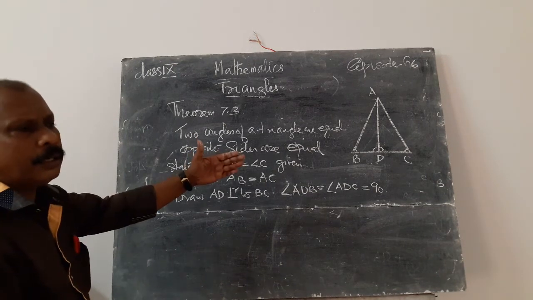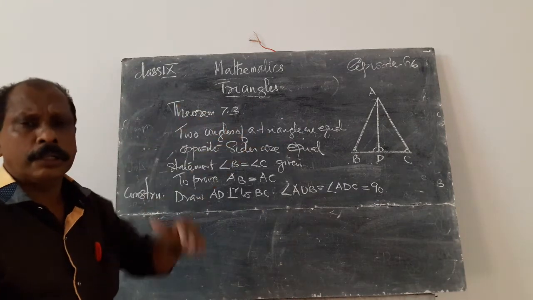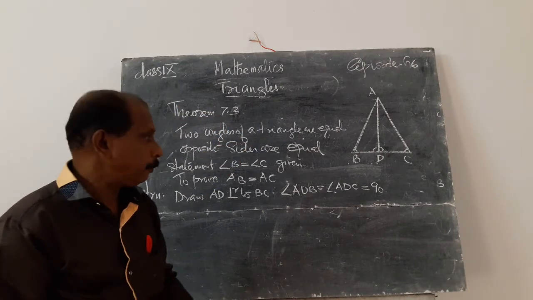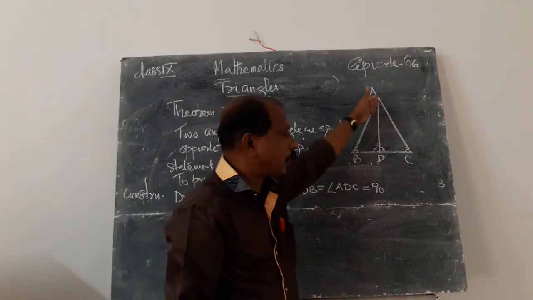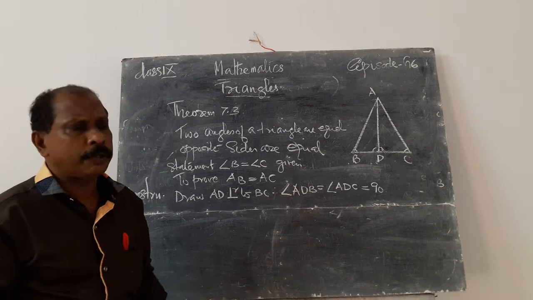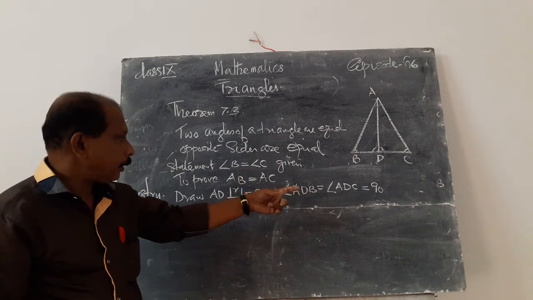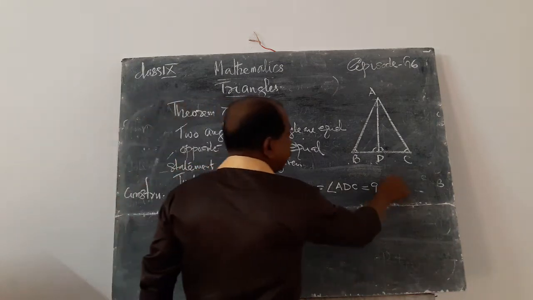We cannot use the RHS theorem because we have to prove that the hypotenuses are equal. That means we have to prove that AB is equal to AC. Therefore, they are hypotenuses, so we cannot apply the RHS theorem. But these two angles are 90 degrees. That is given.